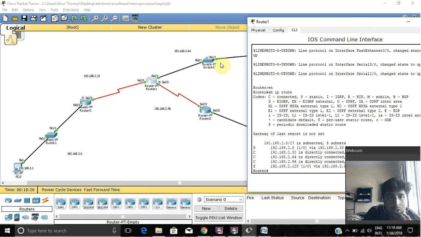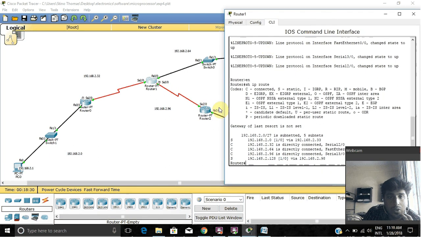To 96 it was connected directly, to 64 it was connected directly, and to 32 it was directly connected. So indirect connections were to 2.0 and 2.128. To 128 it should connect only via this router, that is 2.98.